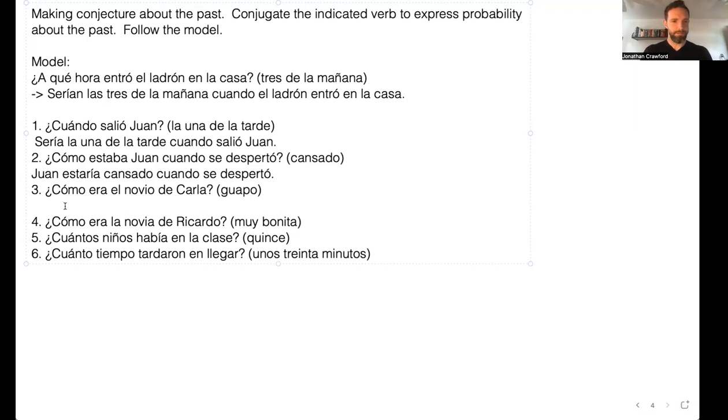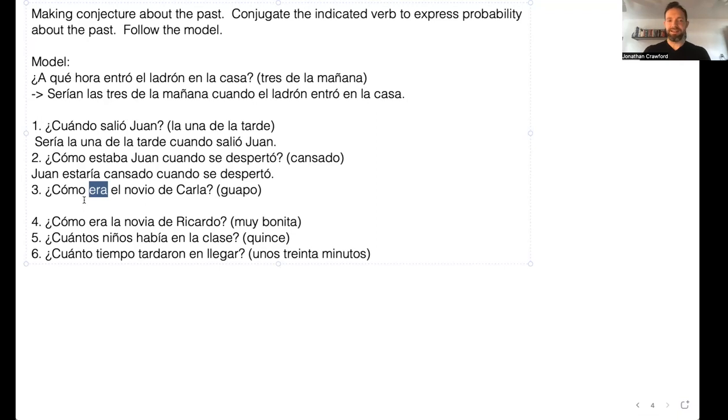Okay, so, ¿cómo era el novio de Carla? And the answer is guapo. How was the boyfriend of Carla? And when it uses era, that's ser. It's asking about his qualities, or what was he like. If it were estar, that would mean how was he.